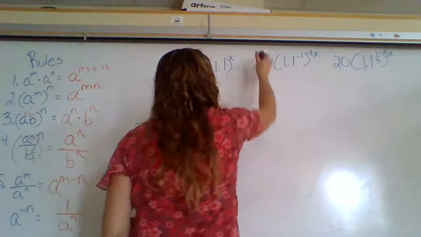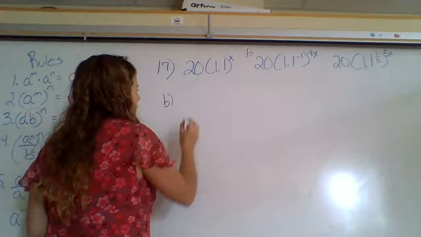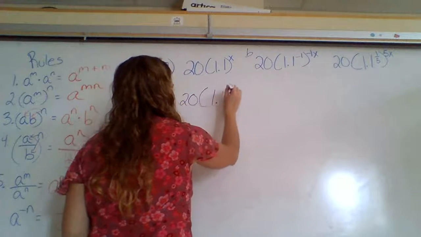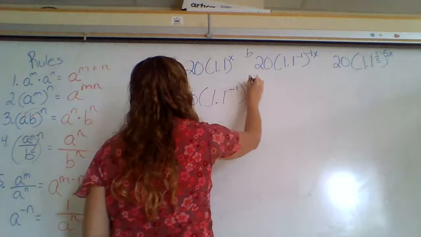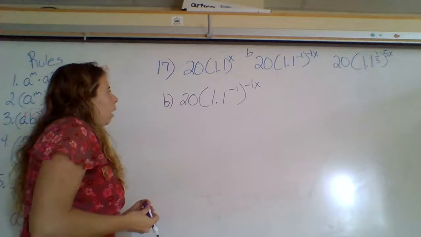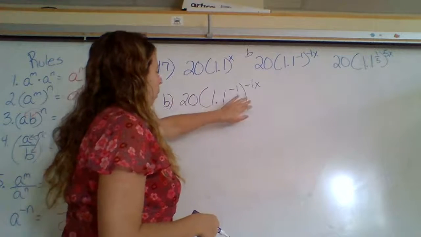So I'm going to call, once again, I'll call this B. So I'm going to come over here. 20 times 1.1 to the negative 1 to the negative 1x. That's what it is, all right? So ignore the 20 for now. Which exponent rule is this?